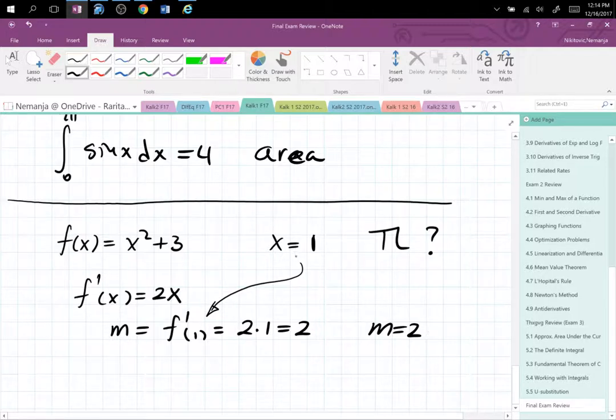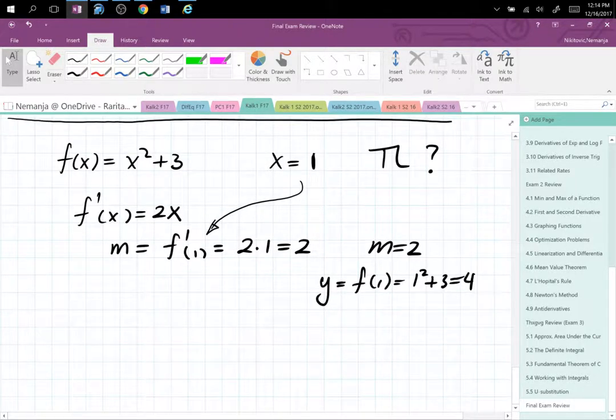Now you have the x value, you have the slope, you have a function, you can compute the y value, which is f of 1. In this case, 1 squared plus 3 is 4. And now you have m equal to 2, and you have (1, 4) as the point.